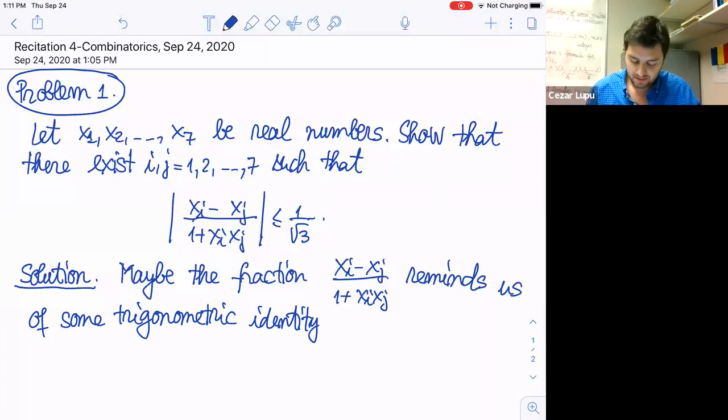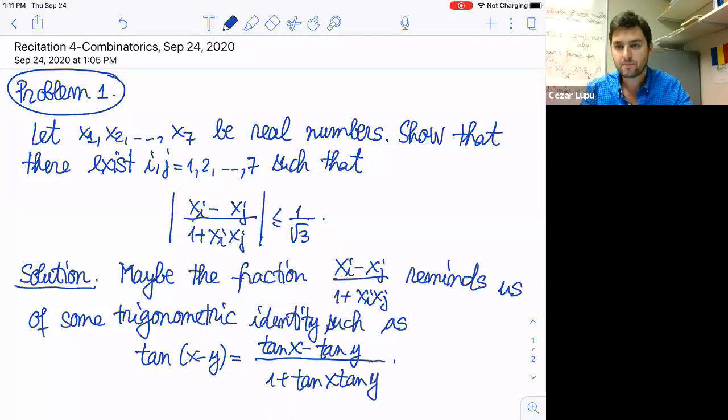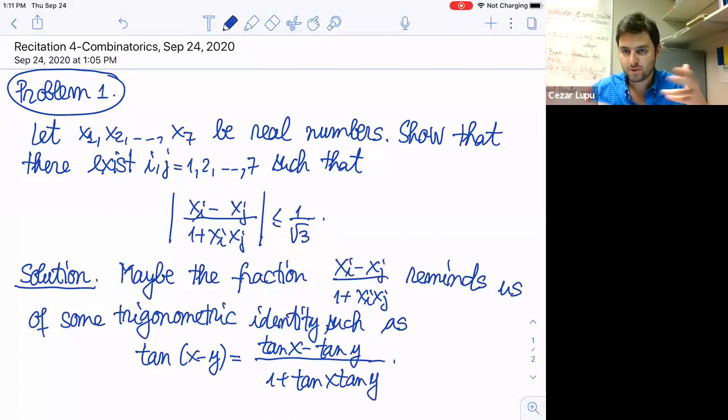Let me be more specific, maybe this one here. Let me show it to you. Tangent of x minus y is tangent of x minus tangent of y, everything over 1 plus tangent of x tangent of y. So you see, when we have this identity, maybe we can do something about it. Maybe we'll try to make that fraction look like this one, right?